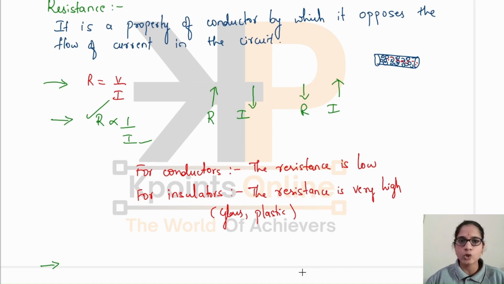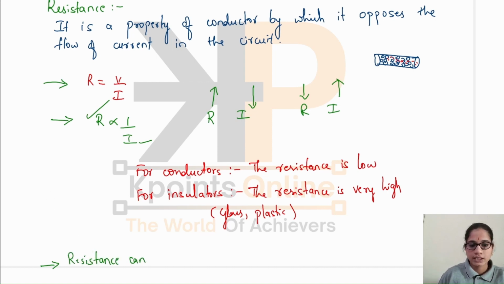Even if it may be very low, it has some amount of resistance. The values of resistance vary from very low to very high, but it can never be equal to zero. And this resistance is given the symbol R.